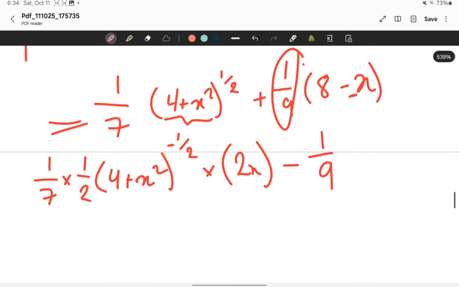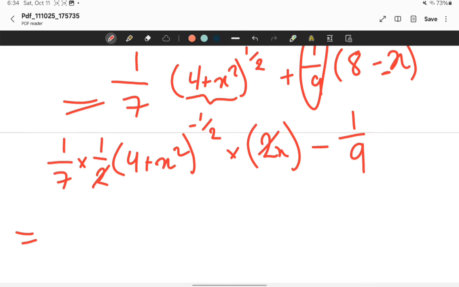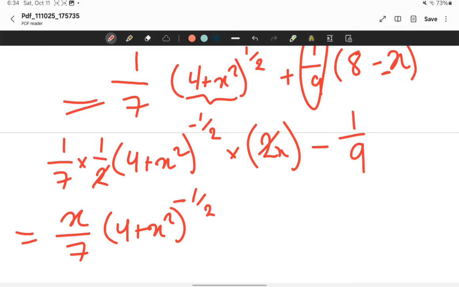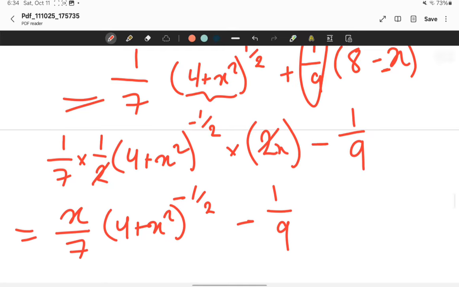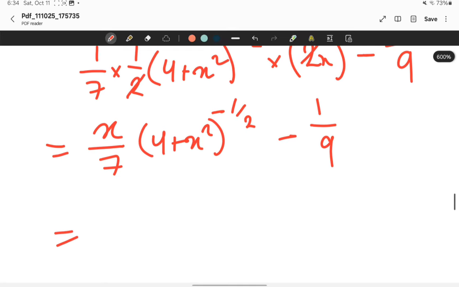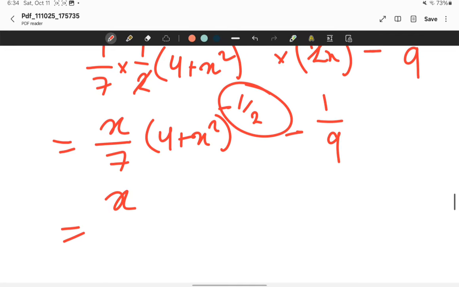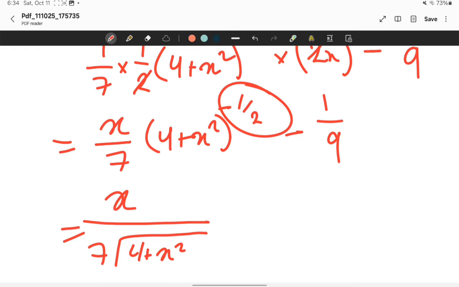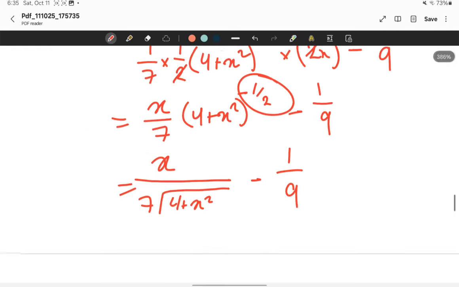This 2 cancels out with the other, so this x comes here, so it's x over 7 times 4 plus x squared to the power of minus 1 over 2, minus 1 over 9. Keep going: this is a negative half power, so it goes in the denominator as the radical 4 plus x squared, minus 1 over 9.